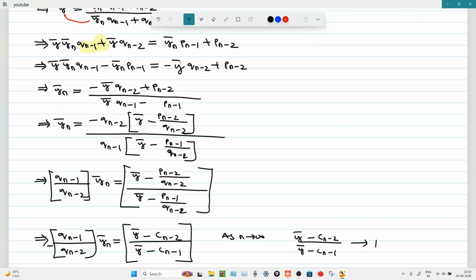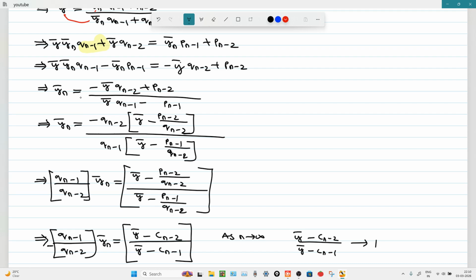Then this implies that yn bar q(n minus 1) minus yn bar p(n minus 1) equals minus yn q(n minus 2) plus p(n minus 2).